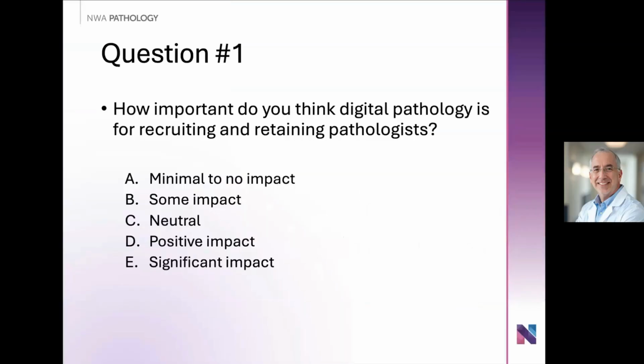Before we begin, I'd like to ask a couple of questions to understand where today's participants stand on digital pathology. The first poll question is, how important do you think digital pathology is for recruiting and retaining pathologists? Your options are A, minimal to no impact, B, some impact, C, neutral, no real positive or negative impact, D, positive impact, and E, significant positive impact. I'll pause for a moment to give you time to respond.